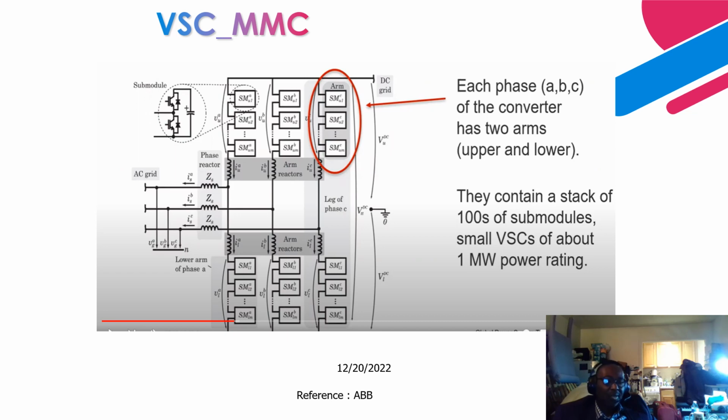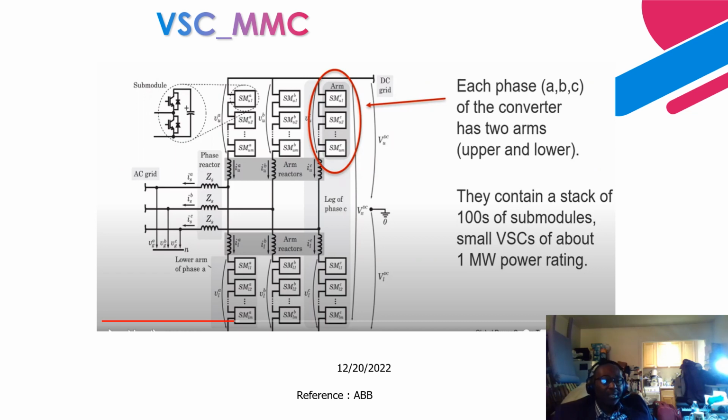Similarly, you also have an inductor over here. Remember, when these converters are in operation, you can have an unbalanced voltage between each leg, leg 1, leg 2, leg 3. You can also have an unbalanced voltage between the upper arm and lower arm, which can result in flow of circulating current. So the goal of this inductor is to limit that circulating current flow.